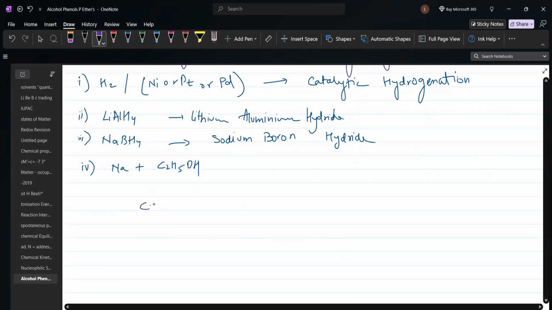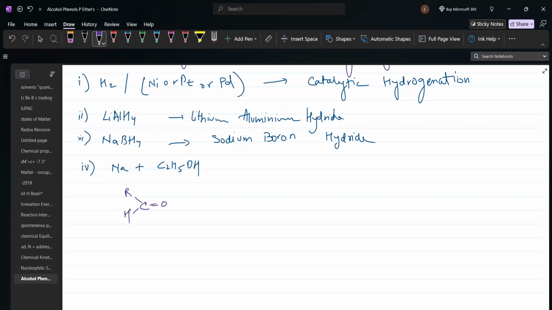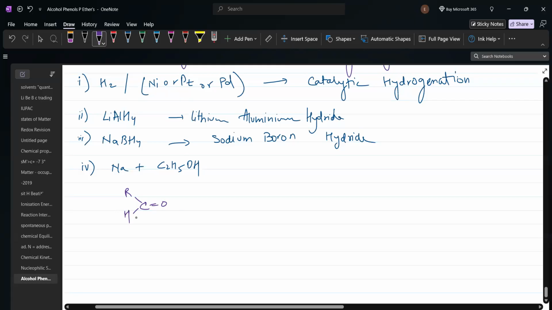Let's see with examples. Like we have an aldehyde here. How do you understand it as an aldehyde? The CHO group is present. Carbon has a double bond to O, which is understood in every carbonyl group, and that carbon is attached with one hydrogen.